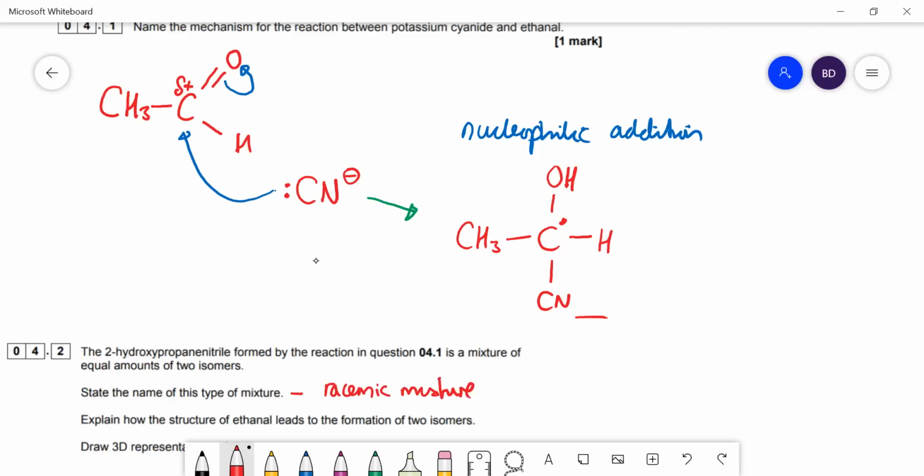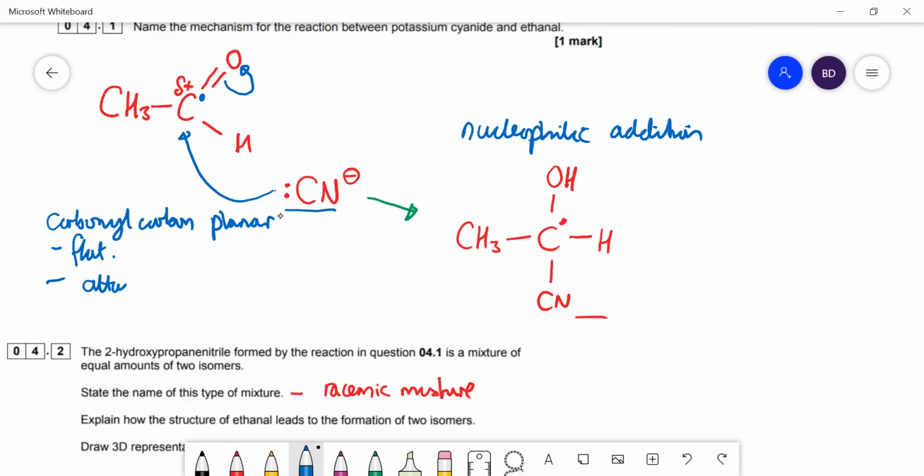Explain how the structure of ethanal leads to the formation of the 2 isomers. So I'm going to annotate here. Around this carbon atom in ethanal, the carbon is planar. Bond angle is 120 degrees, so it is flat, and the cyanide can attack from above or below.